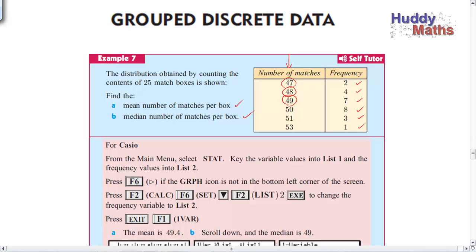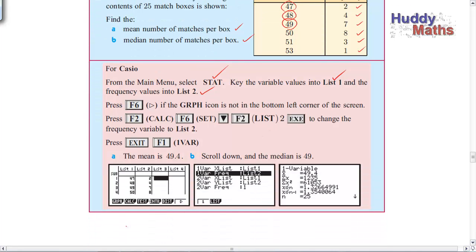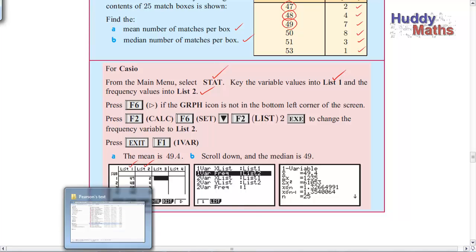With a Casio, you go to Stat, you put list 1 as the number of matches, that's the data points, and list 2 is the frequency. So let's just make sure here that we're going to get that right. We've got to go to Set. So here we've got the data list 1 and the frequency list 2, and we're going to go to Calc. If you hit Calc, which is F2, you'll get the Set window.